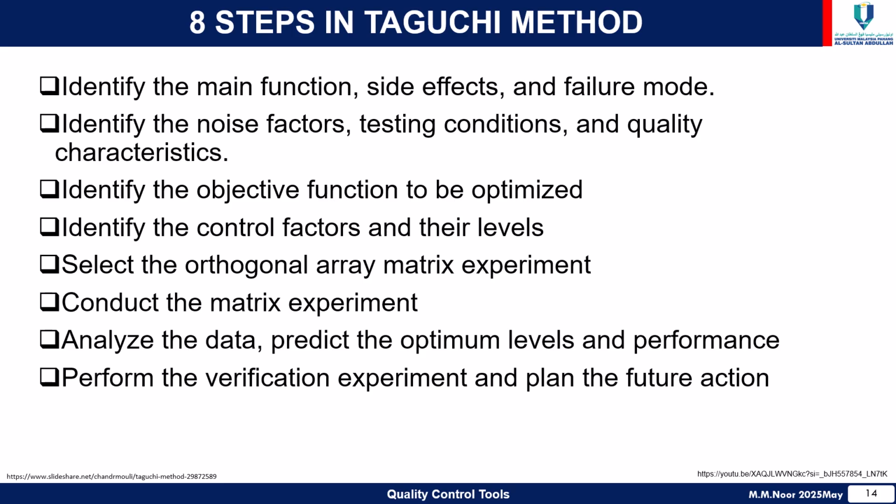The fourth one is identify the control factor and their levels. The fifth one, select the orthogonal arrays matrix experiment. Number 6, conduct the matrix experiment. Number 7, analyze the data, predict the optimum levels and performance. And the last one is perform the verification experiment and plan the future action.